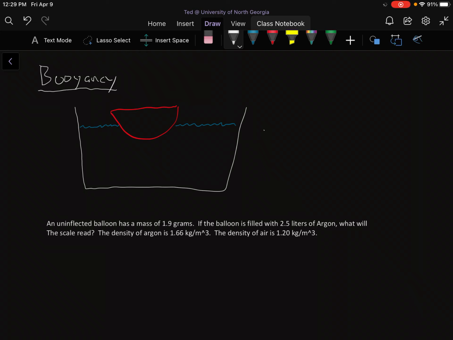And the buoyancy force is going to be equal to the density of the fluid, not the density of the object, but the density of the fluid that's around the object, times G, times the volume that is submerged.